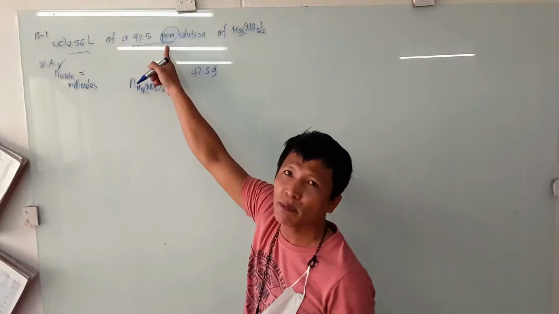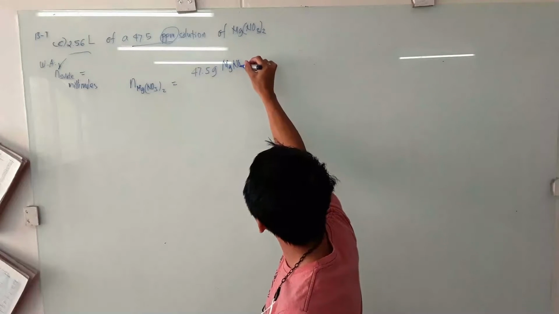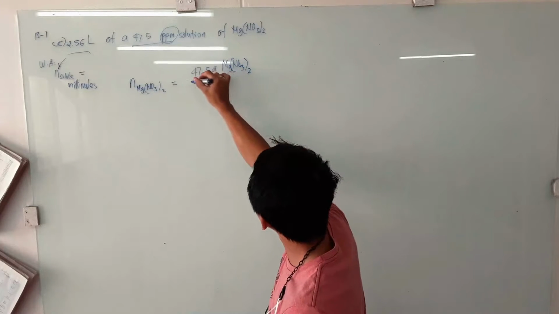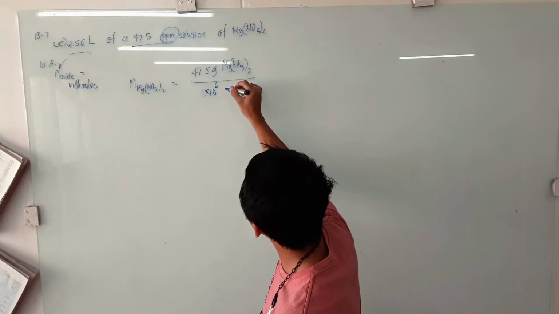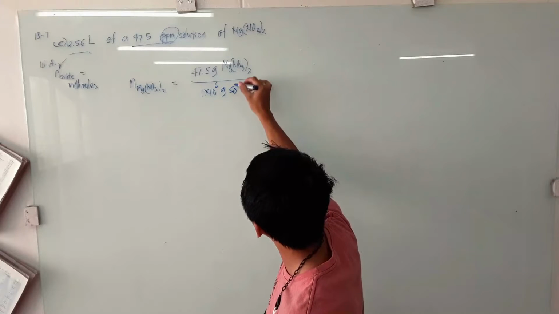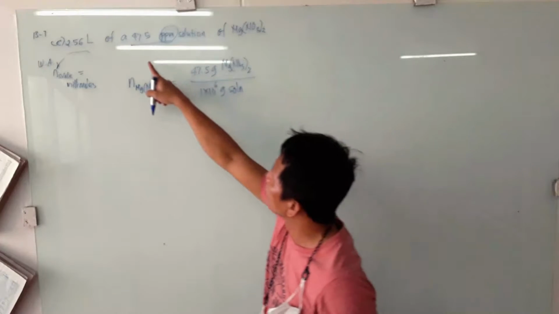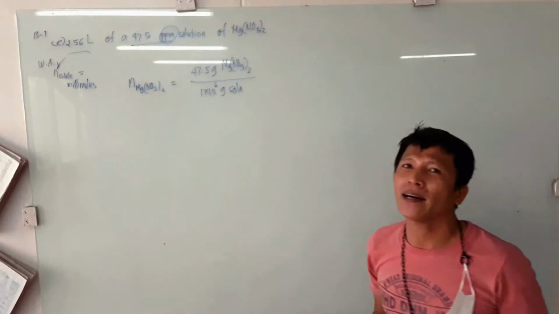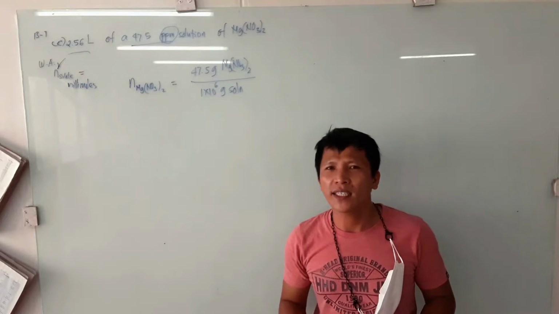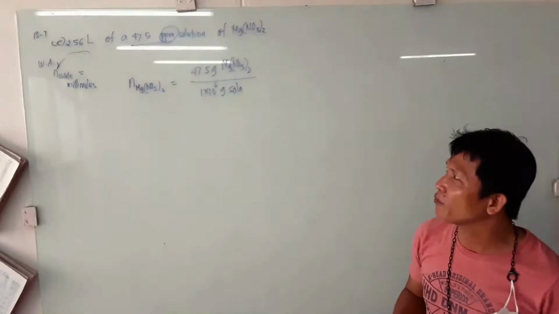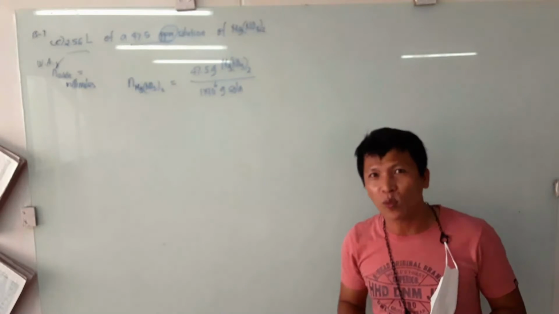So that's what the parts per million says: grams of magnesium nitrate in 1 times 10 to the 6 grams of solution. So this is the parts per million stated in a different manner, so that it will be easy.